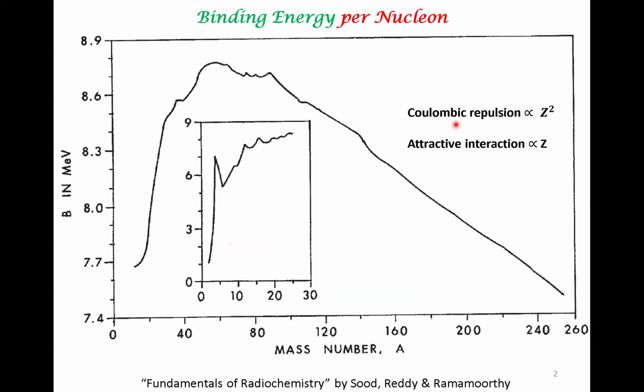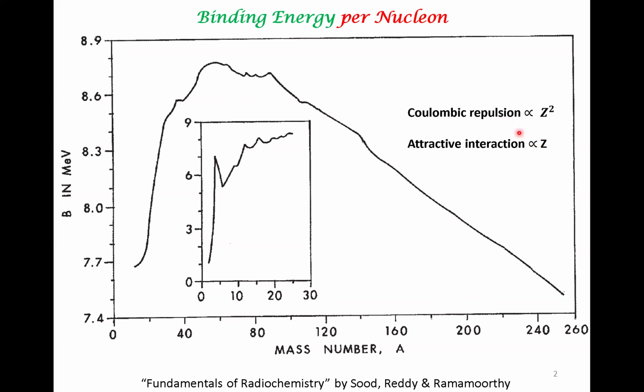Therefore, the Coulombic repulsion would go as z squared, whereas the short range strong nuclear forces have attractive interaction. They interact only based on, let's say, the nearest neighbors. So that would go as z.